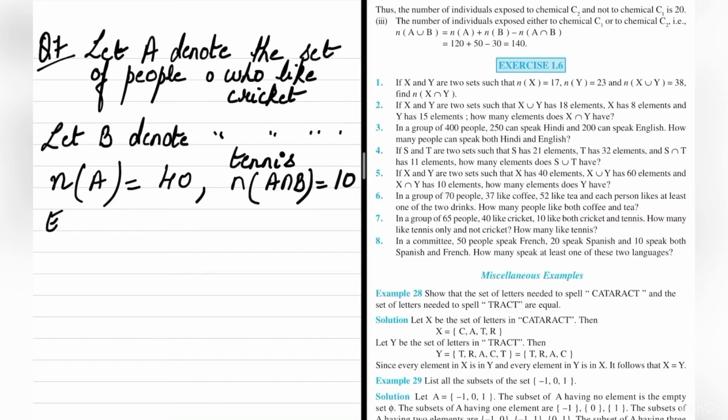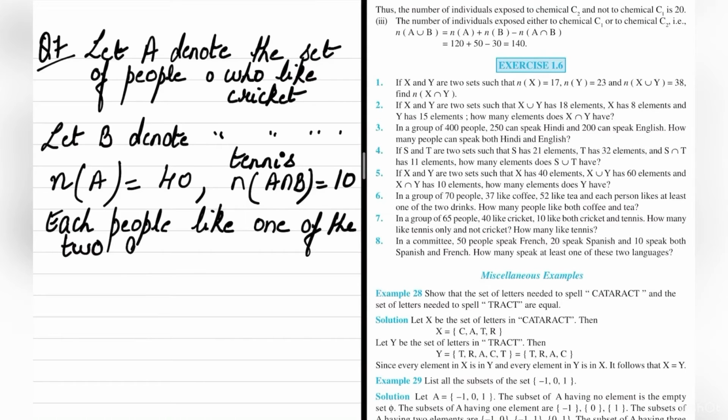So I will write here that each person likes one of the two games. Therefore, if I add this statement, the number of elements in the union will be 65.